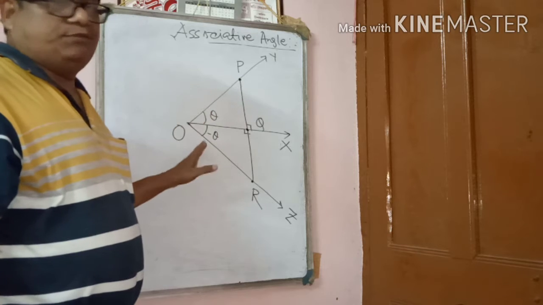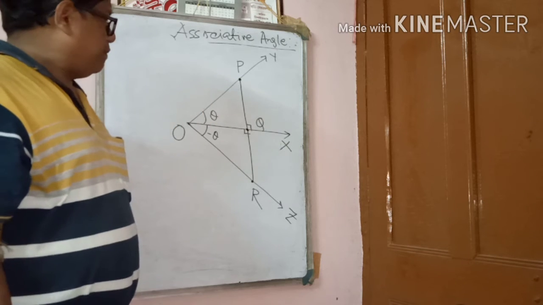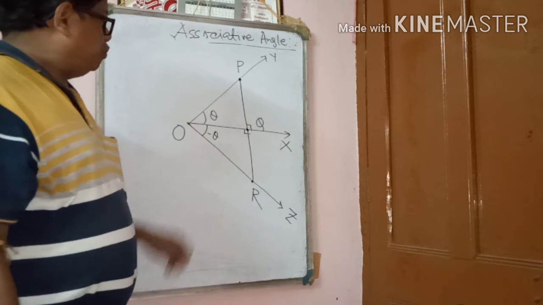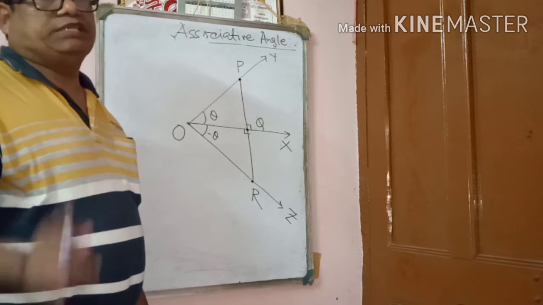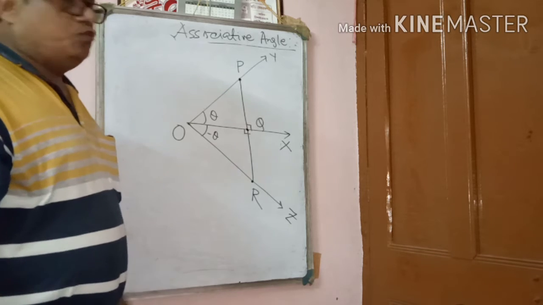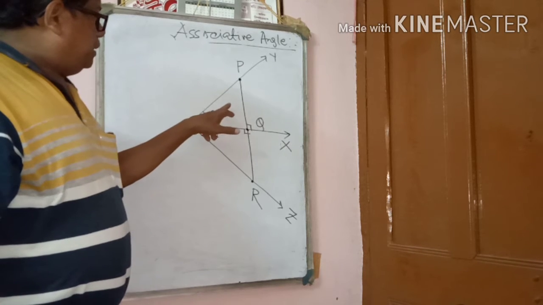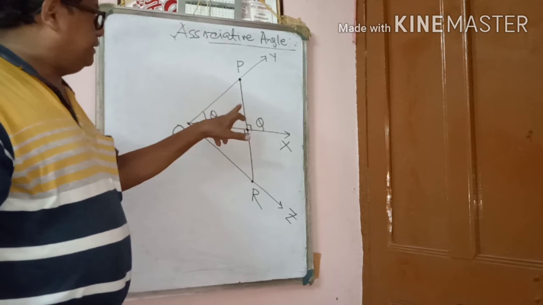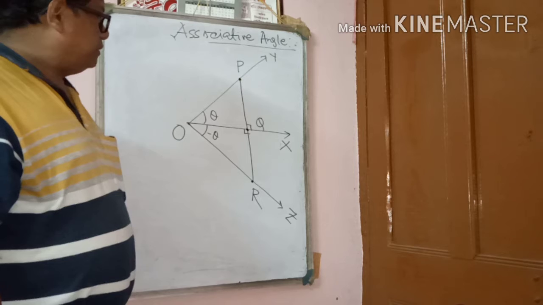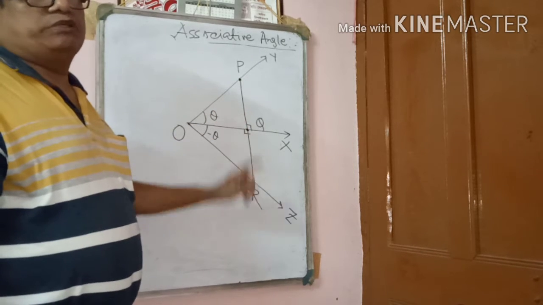One is positive, one is negative, but both are equal angles. And this is the common side, OQ is a common side. So the two triangles considered are congruent triangles.